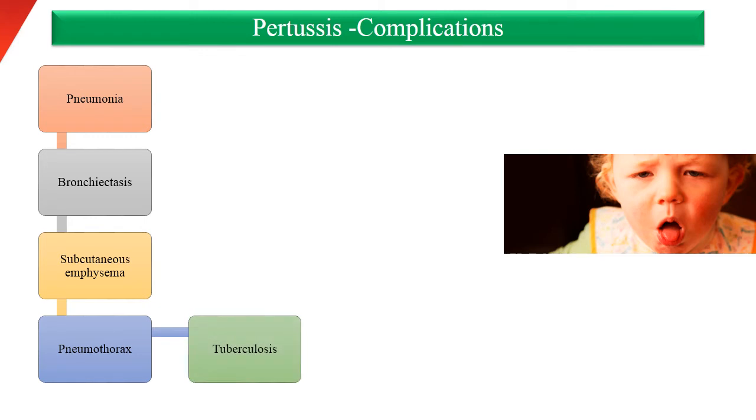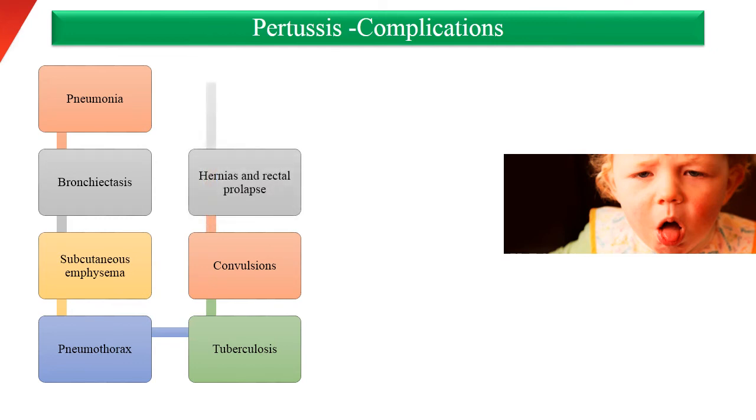Tuberculosis can also occur when exposed, and convulsions, which lead to many complications because of hypoxic conditions and many neurological conditions, like hemiplegia, paraplegia, aphasia, blindness and deafness also.